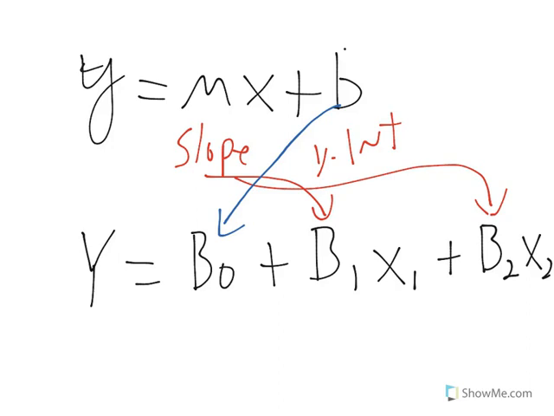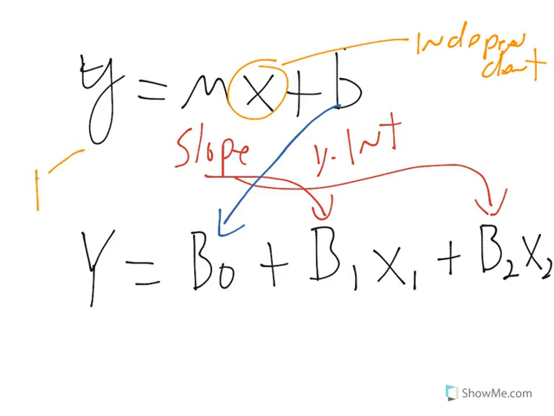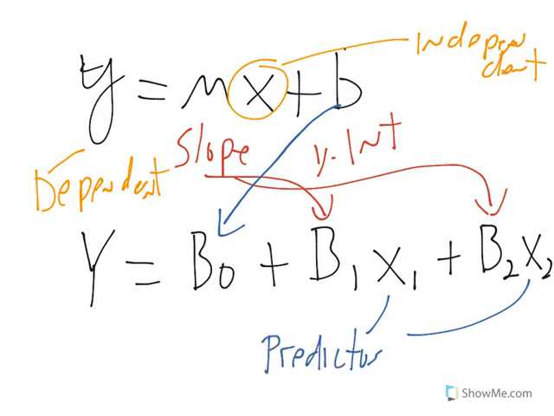So if you remember back in algebra, x was the independent, and y was the dependent. Well, this is still the case in regression as well, but we sometimes call our x's now, besides the independent variable, the predictor or the explanatory.